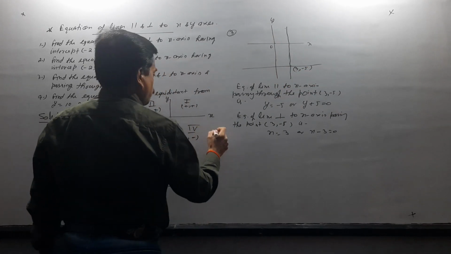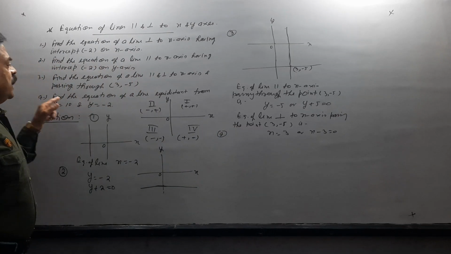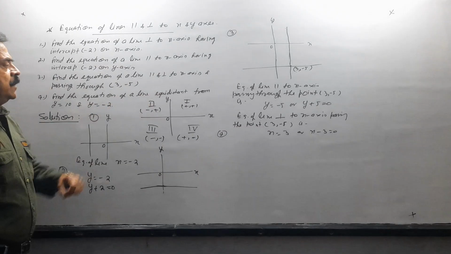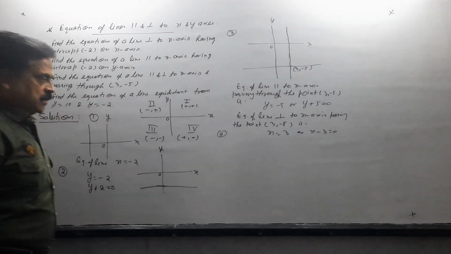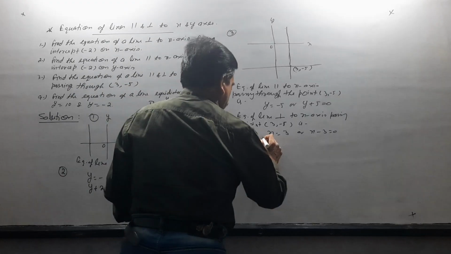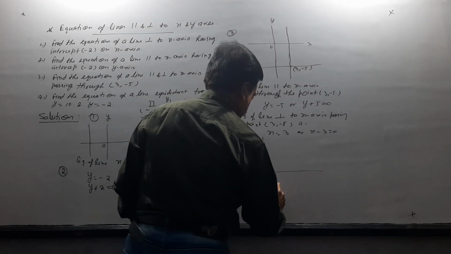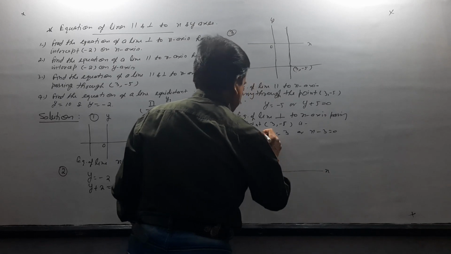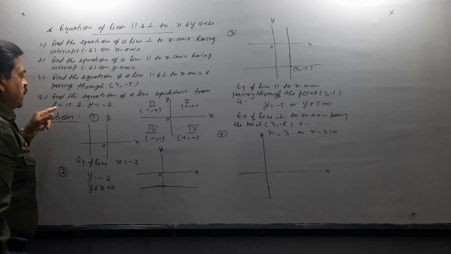Next, fourth question. Find the equation of a line equidistant from y is equal to 10 and y equals to -2. X-axis, y-axis. First line is y is equal to 10.